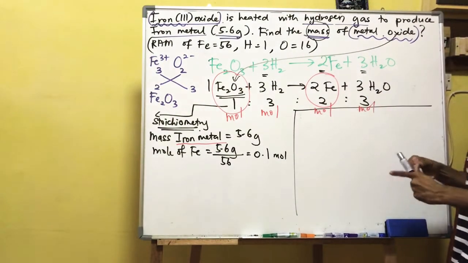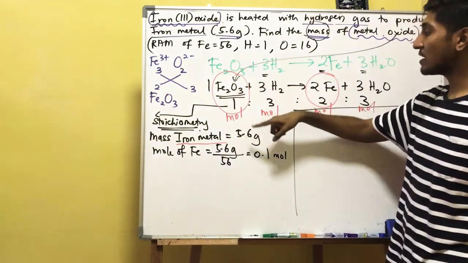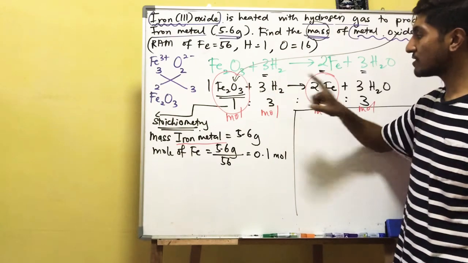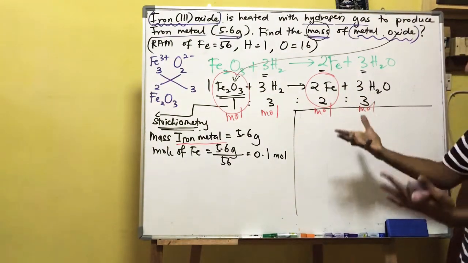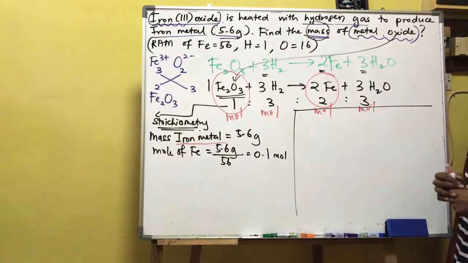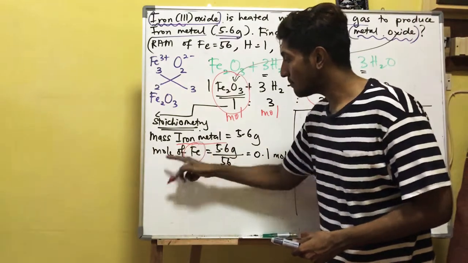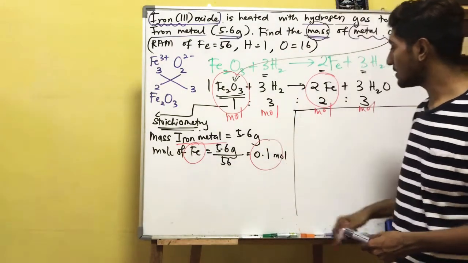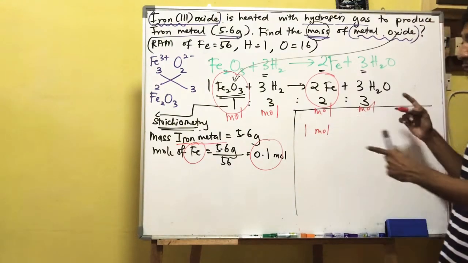So if I have 1 mol of ferrum 3 oxide, I shall react it with 3 moles of hydrogen gas, producing 2 moles of ferrum metal, and also 3 moles of water are going to be produced as well. Now, since I've already got the mole of ferrum, which is 0.1, this is where I'm going to compare.